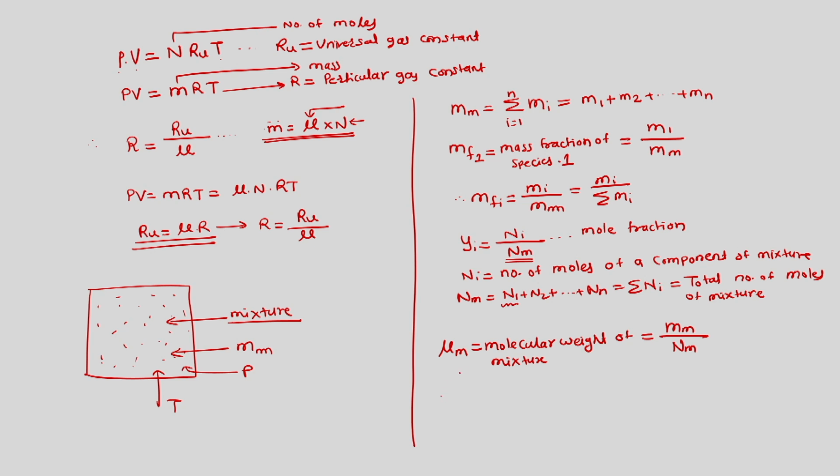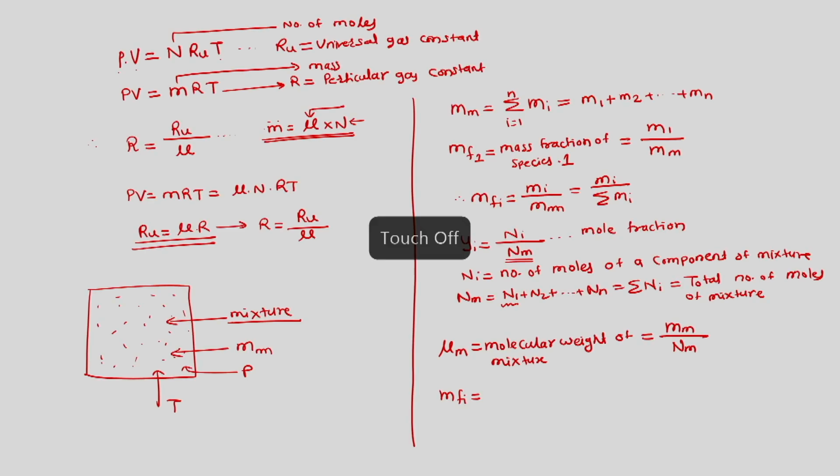Then we can write the mass fraction of any species i as equal to mi divided by the mixture mass, where mass mi can be written as the molecular weight of i into the number of moles of i, divided by the molecular weight of the mixture into the number of moles of the mixture.